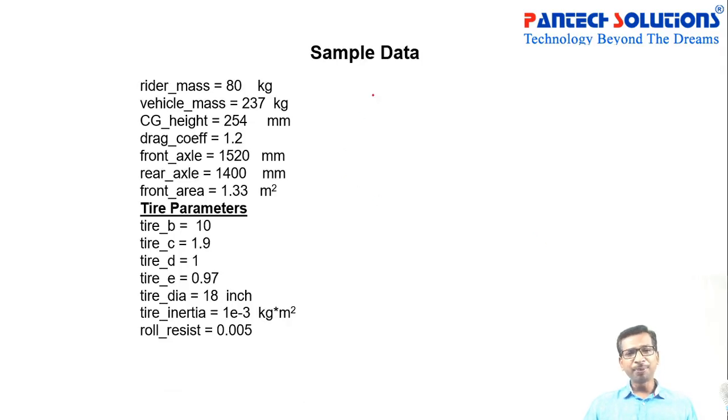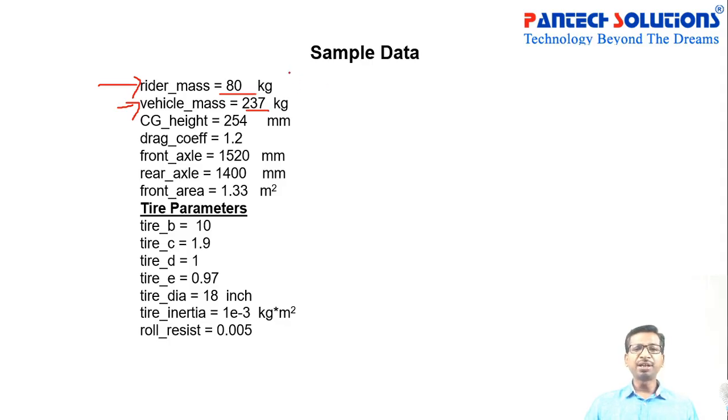And let us take sample data. That is rider mass. So this is the two-wheeler vehicle data: rider mass and vehicle mass, that is 237 kg and 80 kg.